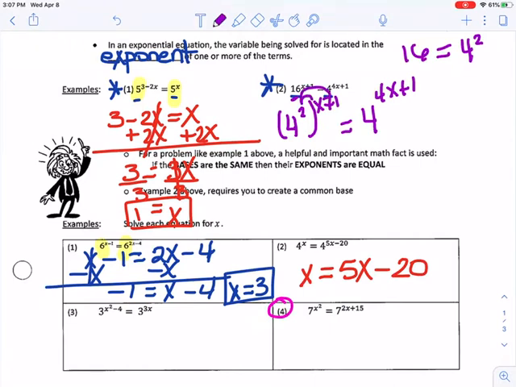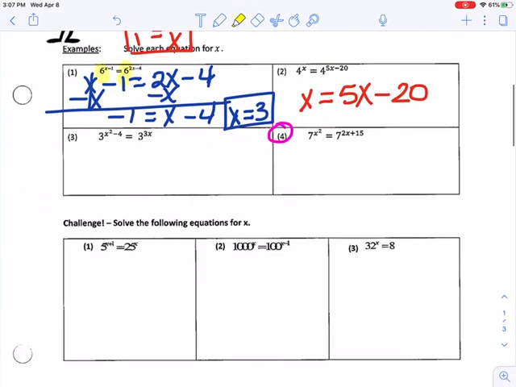We got to multiply it out. So this side is the same as 4 raised to the 2x plus 2 power. This side is still 4 raised to the 4x plus 1 power. Now the bases match, and all I have to do is set this power over here, 2x plus 2, equal to this power here, 4x plus 1.